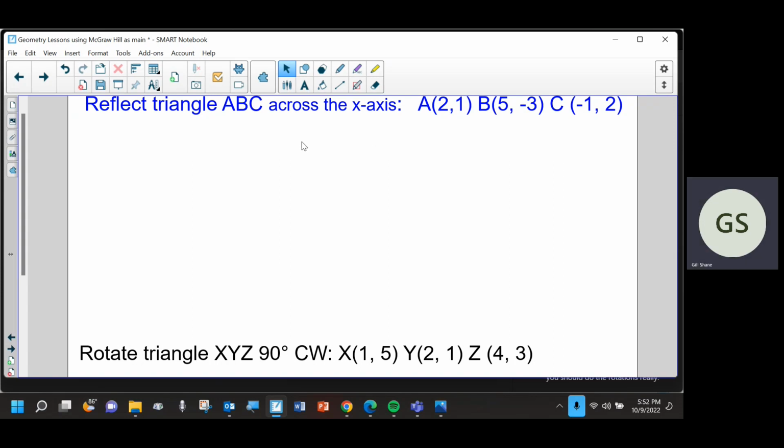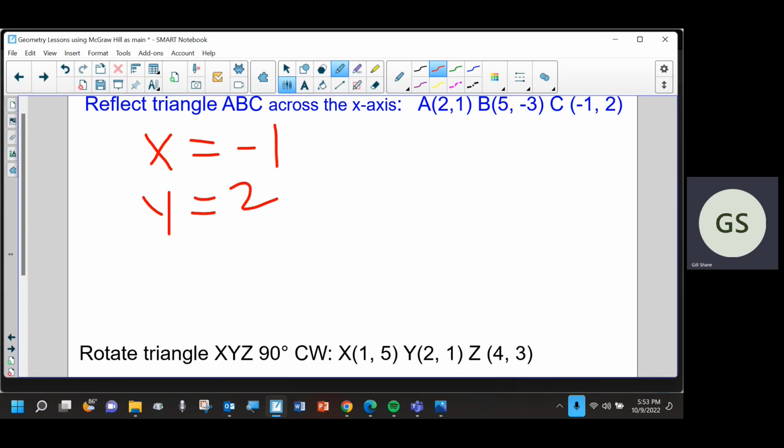And I'm not going to do the review of reflections across these three things, which I did in a different video. So if you want to go watch, it's in the video from, it's either October 6th or October 7th. I think it's October 6th. But I did a review of reflections where X equals a number, or Y equals a number, something like that.